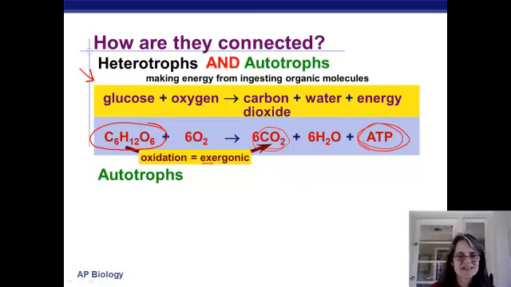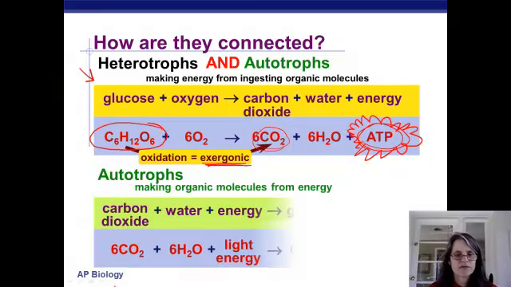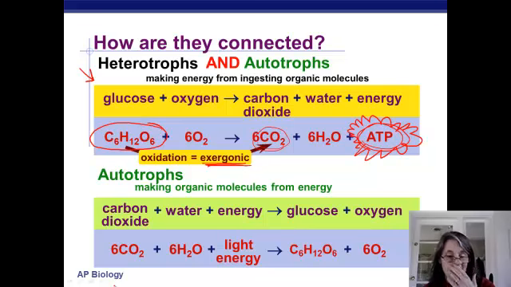Okay, this is an exergonic reaction. We've talked about that in class. Exergonic reactions release energy, and this right here is the energy that is released. Okay, now autotrophs in their photosynthetic reactions, remember autotrophs have to do this too, but before they do that, they will make their own food.